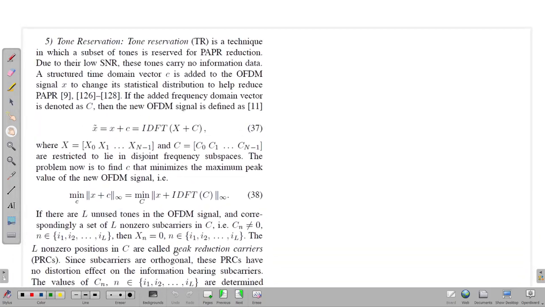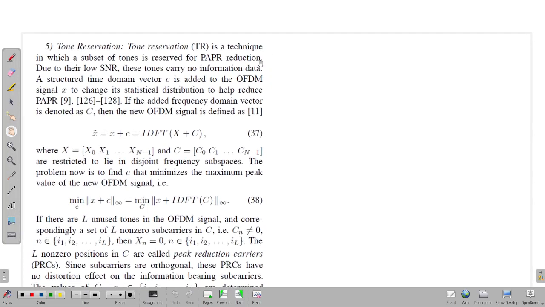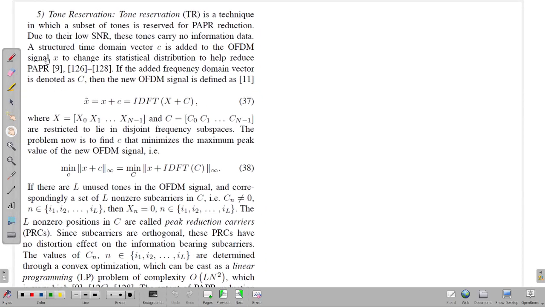All these tone adjustment techniques have the energy of the subcarriers adjusted. Tone reservation is a technique in which a subset of tones is reserved for PAPR reduction.